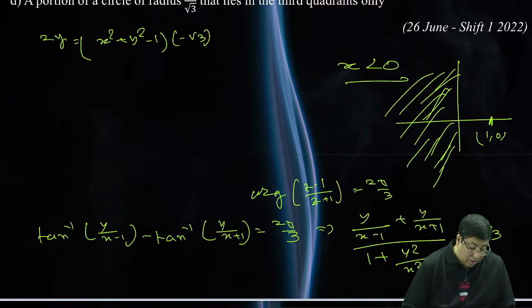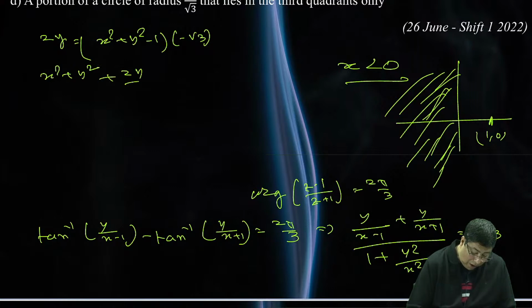This is the circle: x square plus y square plus 2y by root 3 minus 1 equal to 0.